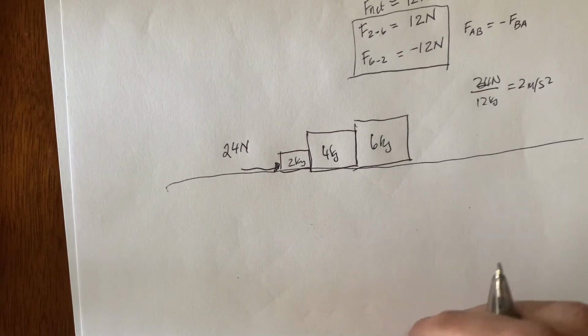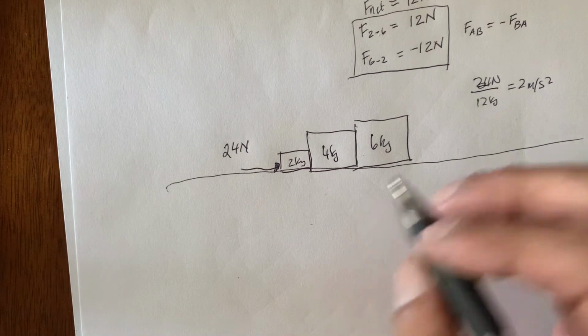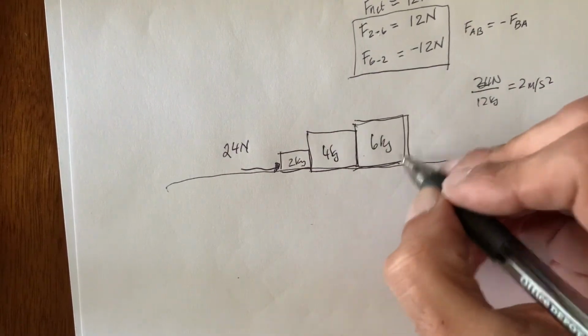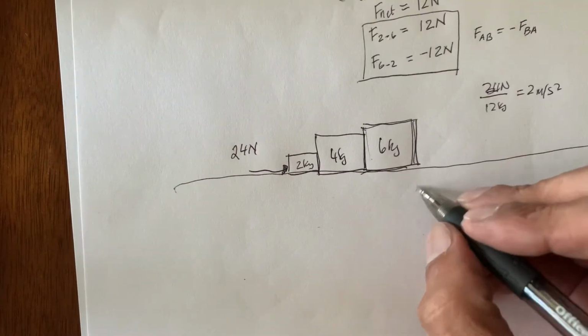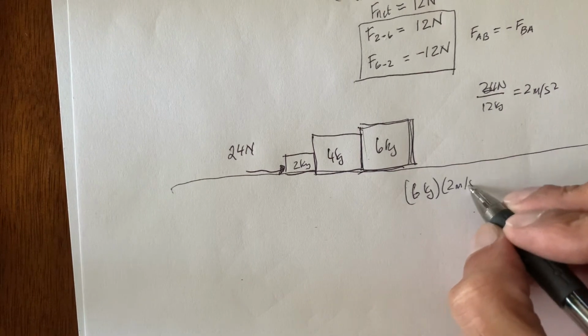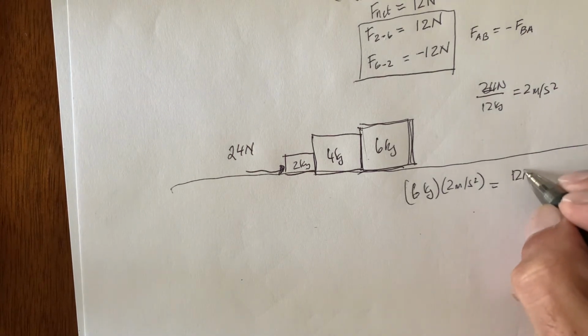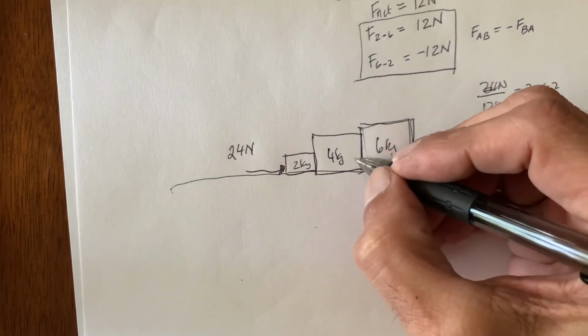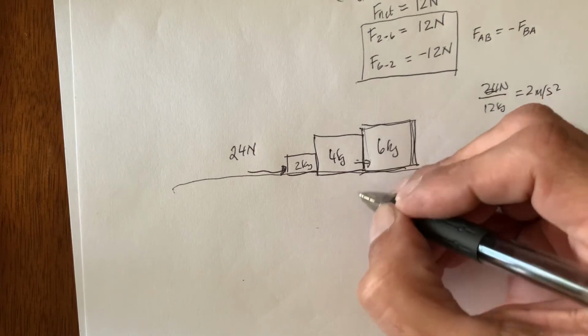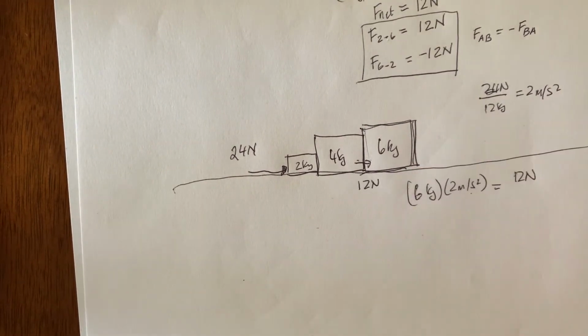Now the next thing is, what is the force that the 4 kg box has on the 6 kg box? Again, you look at the 6 kg box in its entirety. It has a mass of 6 kg and an acceleration of 2 meters per second squared, so the net force on it must be 12 newtons. So the force that the 4 kg box applies on it is 12 newtons. Of course, it applies 12 newtons back, but we're just looking at this.